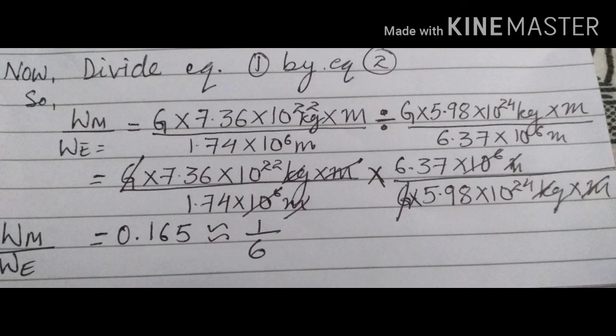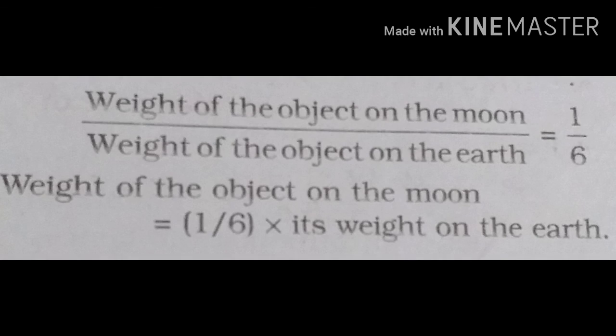Likewise I did it, and after simplifying, we get the weight on the moon divided by the weight on the earth approximately equal to 0.165. This approximate value is 1 by 6. So the weight on the moon divided by the weight on the earth is 1 by 6. From here we can write that the weight of the object on the moon divided by the weight of the object on the earth is equal to 1 by 6.